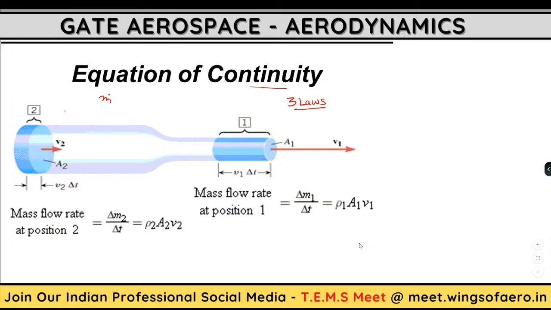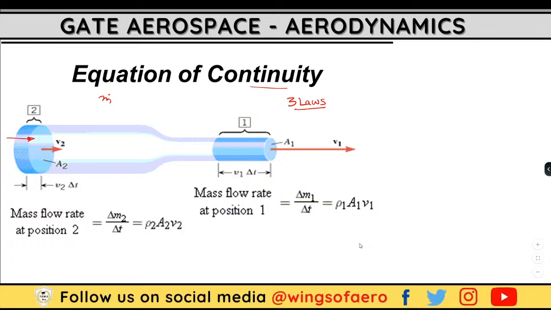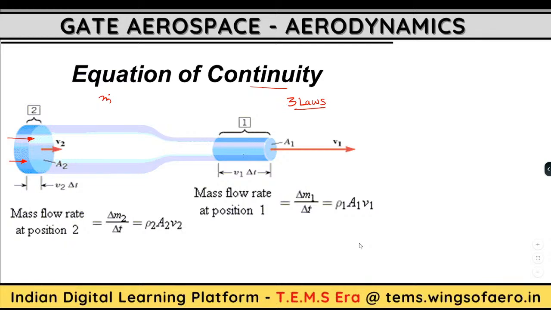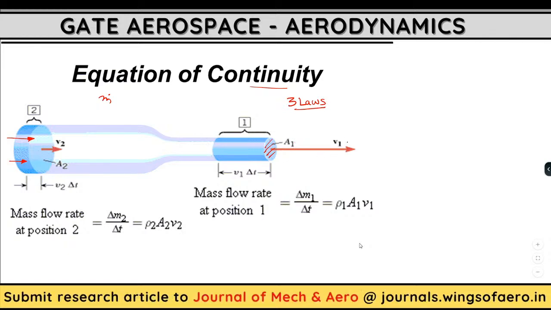Suppose we have any kind of cross-sectional pipe. As per the figure given, when the air or the fluid enters, consider the cross-section of the pipe is A2 and the velocity is v2. And leaving from the cross-section, we have area A1 and the velocity at cross-section 1 is v1.